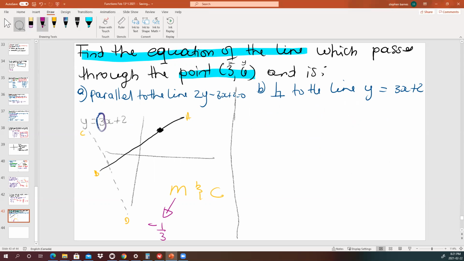So y equals mx plus c. y in our case is 6. m we found to be negative a third. x is 3. Let's put that in brackets beside it. Plus c.